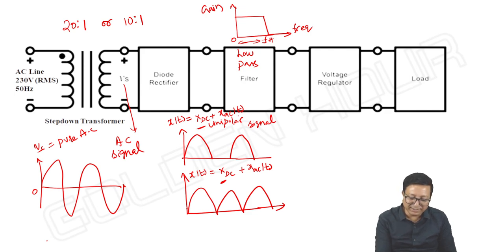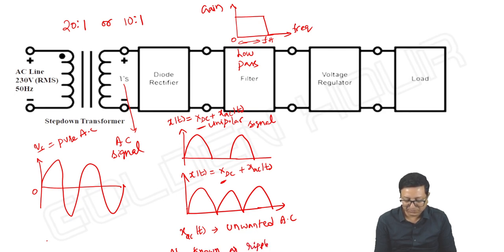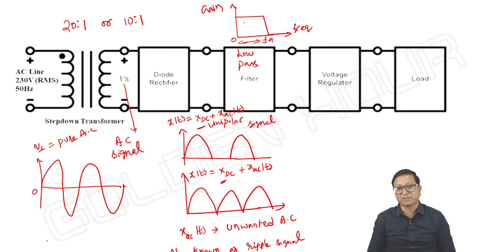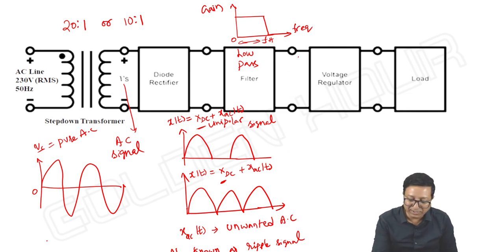This XAC of T I wrote now is the unwanted AC signal, also known as ripple signal. To remove the unwanted AC or ripple signal, we are using a low pass filter. So what comes at the output of the low pass filter is a variable DC, it is not pure DC.